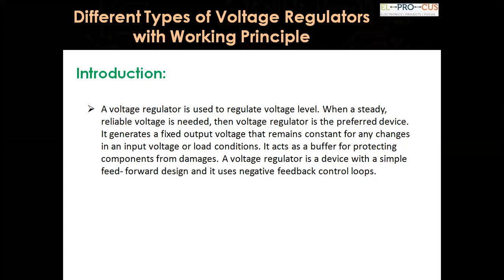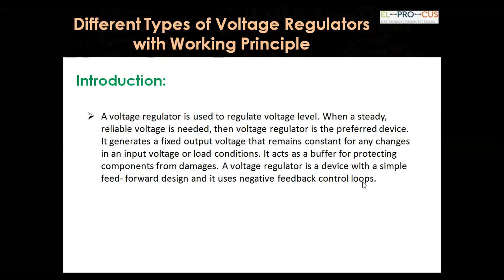So we are using a voltage regulator to regulate the voltage level. Okay, so what we are saying here is, if we are using the voltage regulator, we can convert DC voltage into a DC voltage, or we can convert AC voltage into a DC voltage which will have a fixed amount of voltage at the output.